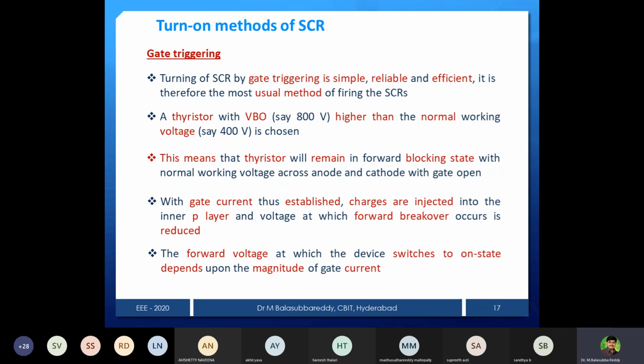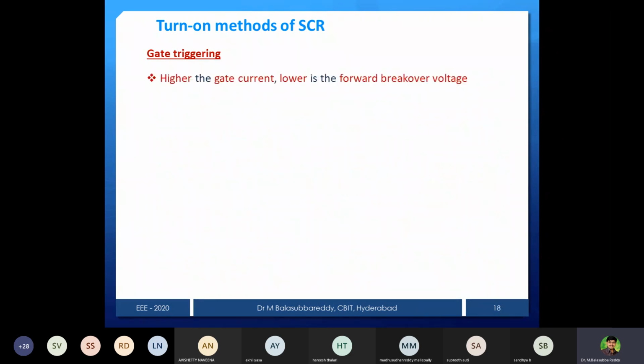The thyristor will not trigger, because the minimum gate current is required to fire the device. If we give a gate current less than the minimum, what breakover voltage is required? We need up to VBO only. Whatever the device's VBO is, that much voltage is required to trigger the device. Otherwise, the device will not trigger, and that is the process.